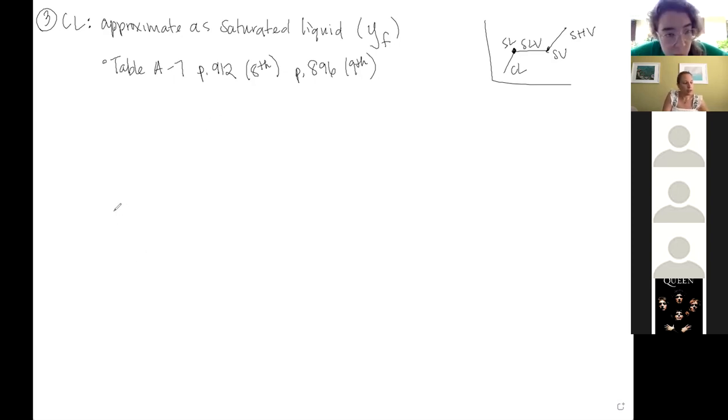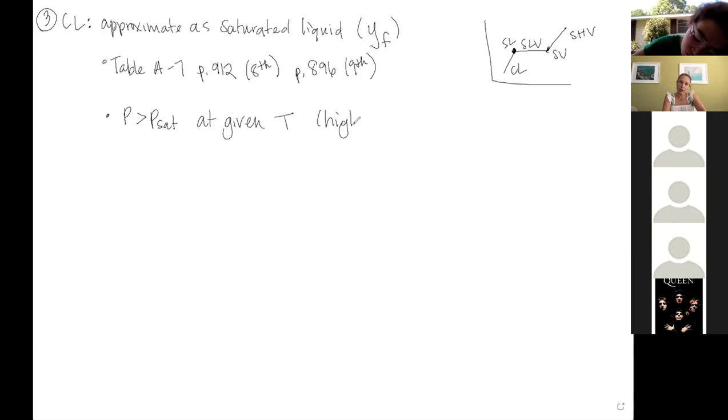Typically, the pressure of a compressed liquid is greater than the saturation pressure at a given temperature. So this is at a higher pressure. Remember, superheated vapors were at a lower pressure.